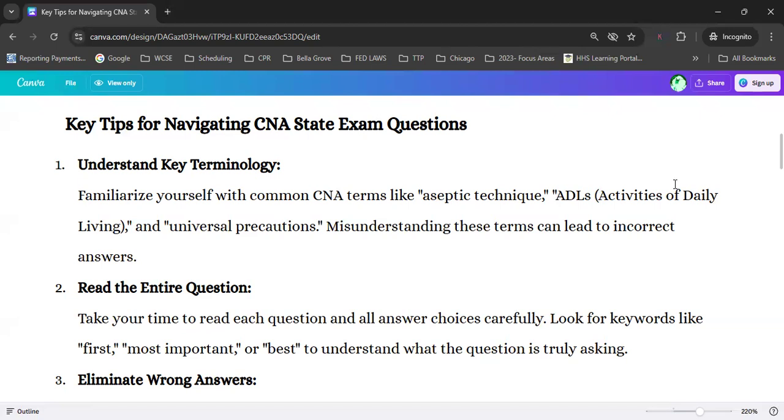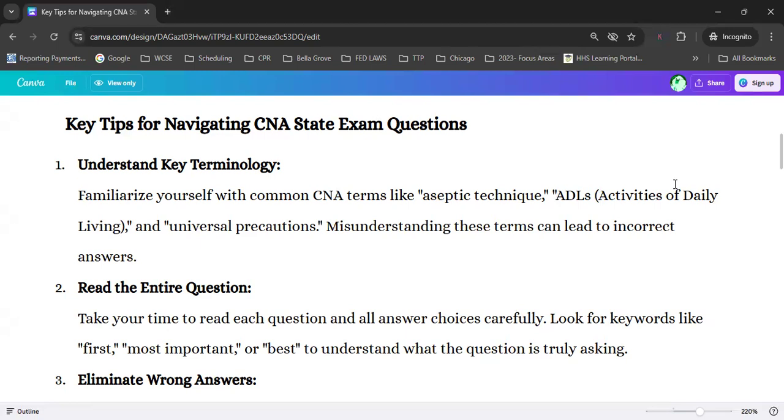Let's go to another common term, activities of daily living, or ADLs. If the test question used that term or abbreviation ADLs, you may be like, what is that about, right? So knowing that it stands for activities of daily living, and for those who are like, what is that? Those are the things that all of us do for ourselves when we wake up in the morning to get our day started and throughout the day.